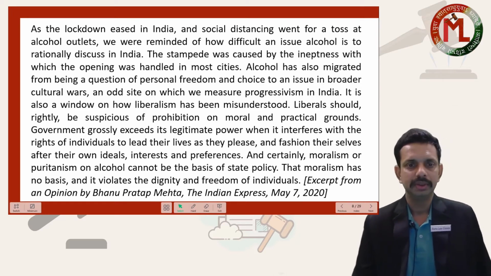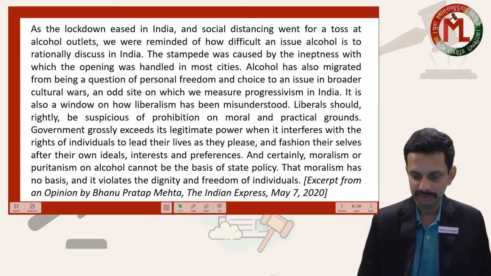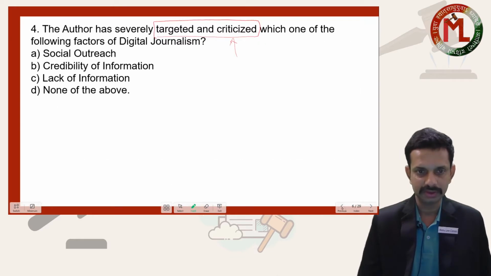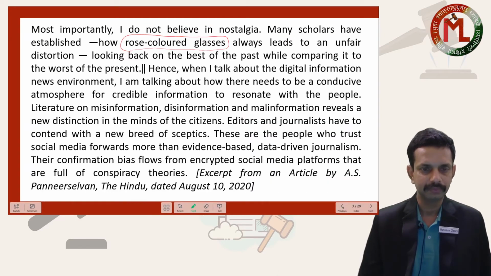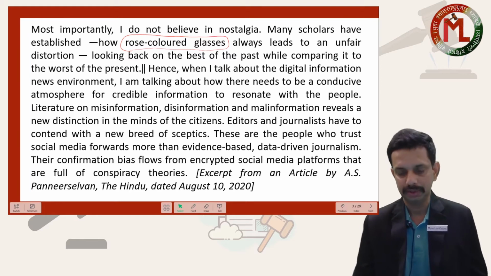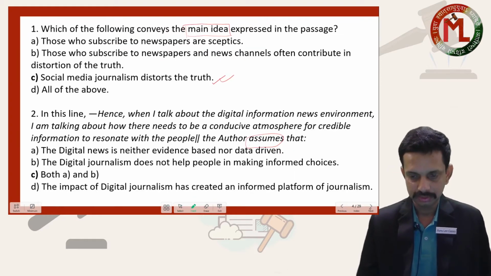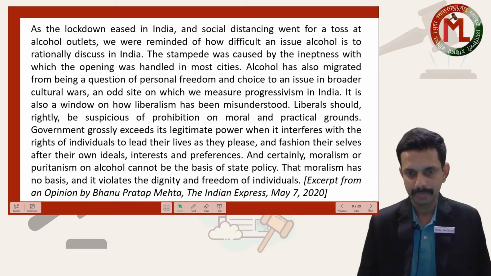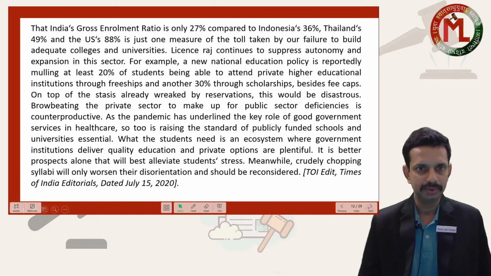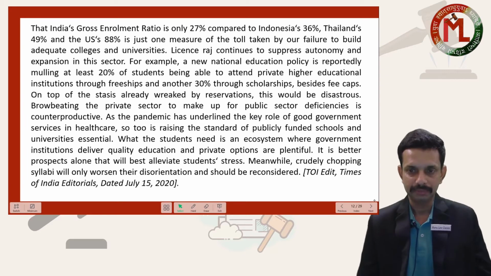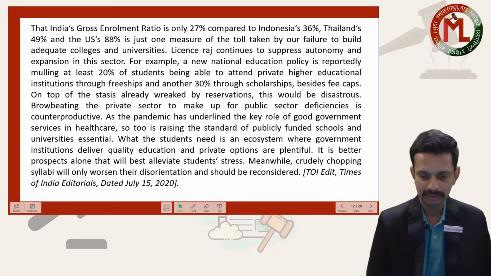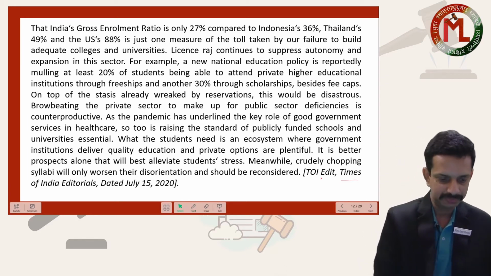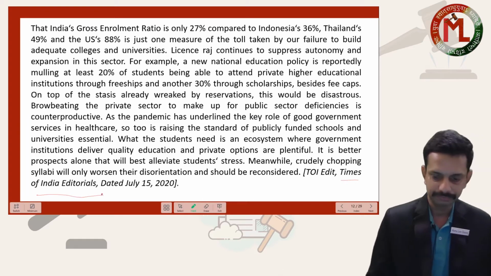So one more very important thing, just take a look here. This passage is from the Hindu. The next passage is from Indian Express. Now the next one, Times of India. Just take a look. The third passage is from Times of India.